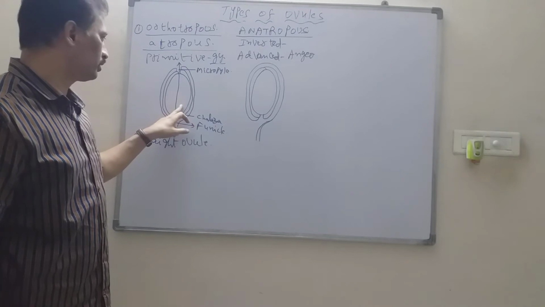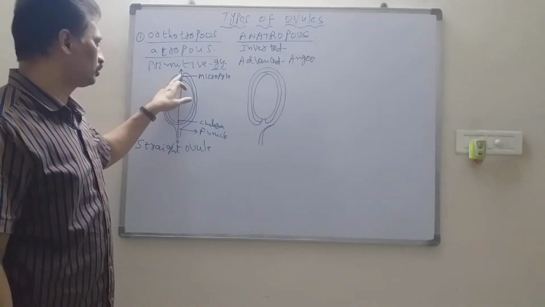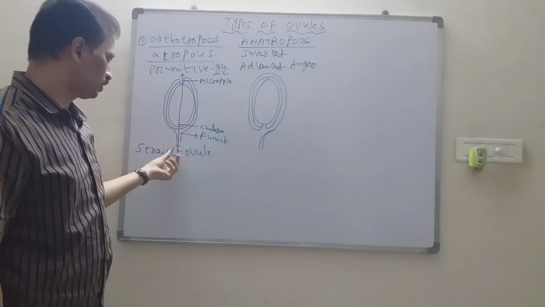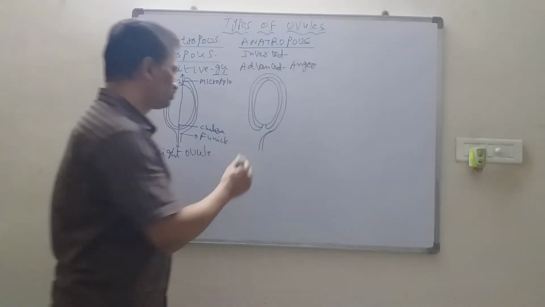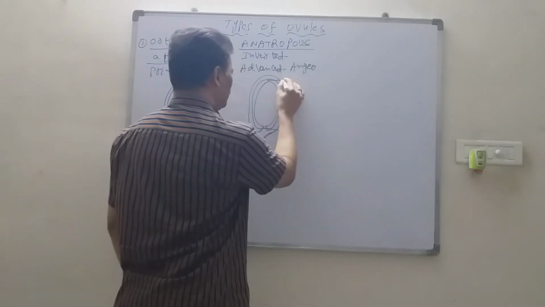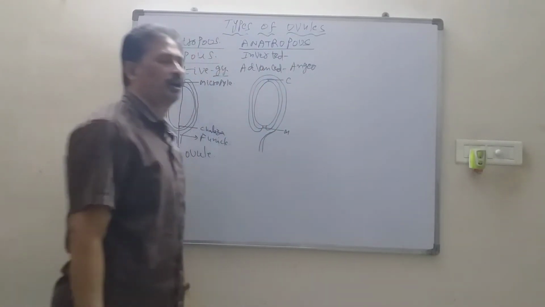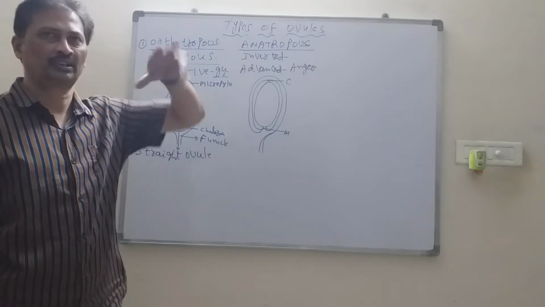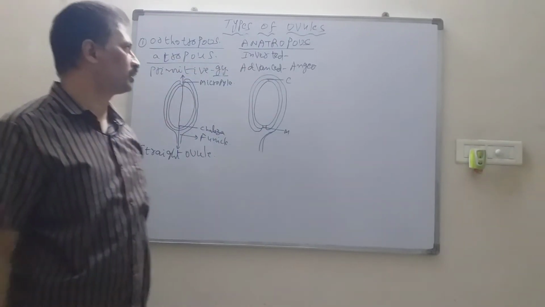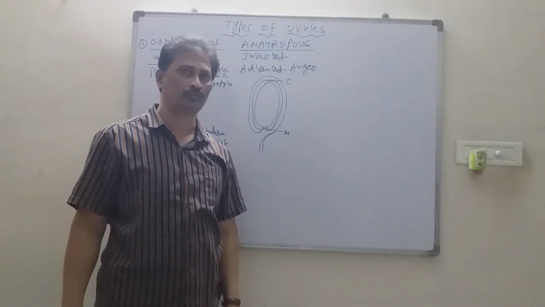But what about the body of the ovule? In the first position, the micropyle is in the upper pole and the chalaza is in the lower pole. But here the micropyle is downwards and the chalaza is in the upward direction. That means it is rotated, completely inverted.